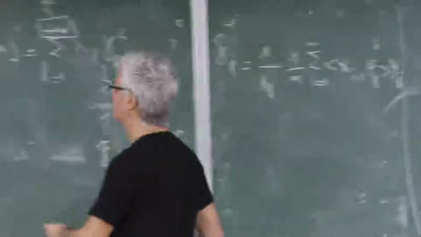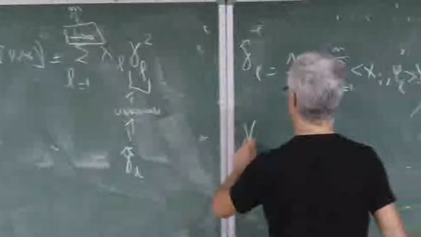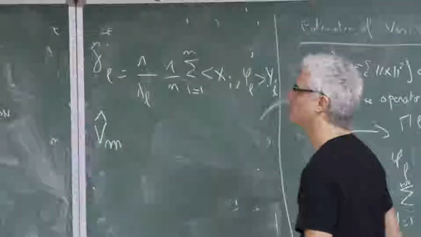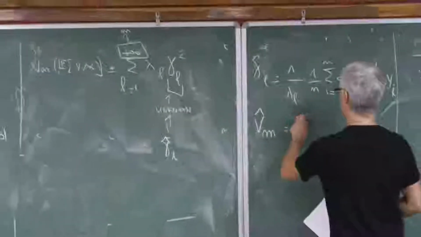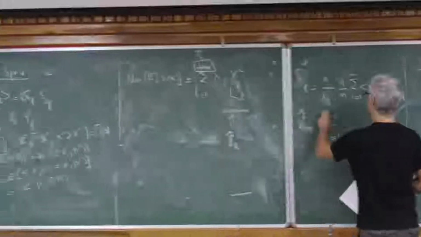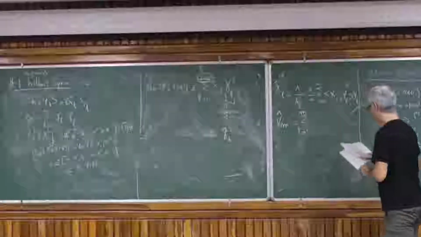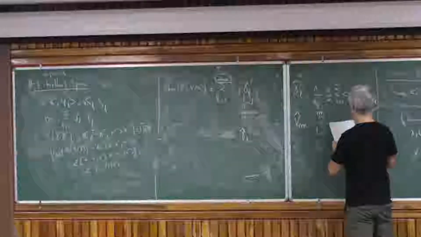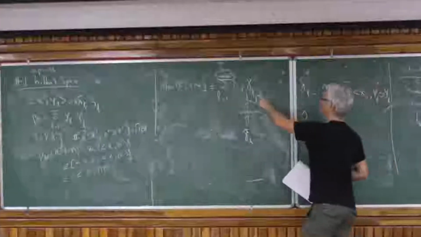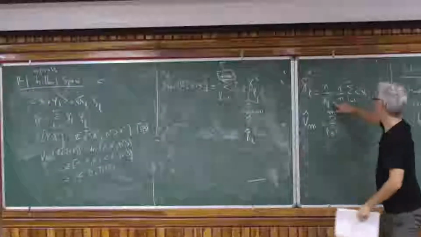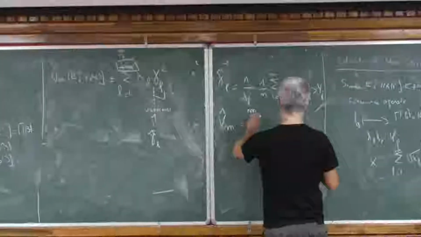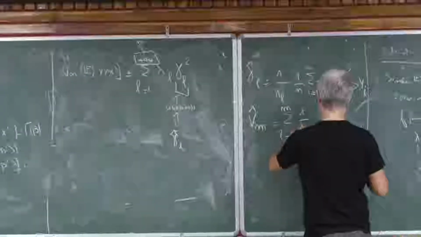So I will say that I have Vm hat, that is an estimator of the variance of the conditional expectation, that would be given by the sum for L equals 1 to m. Okay, what do I have? So here I have a lambda L here, okay, but here I have a lambda L squared at the denominator, so I will just have 1 over lambda L. Okay.